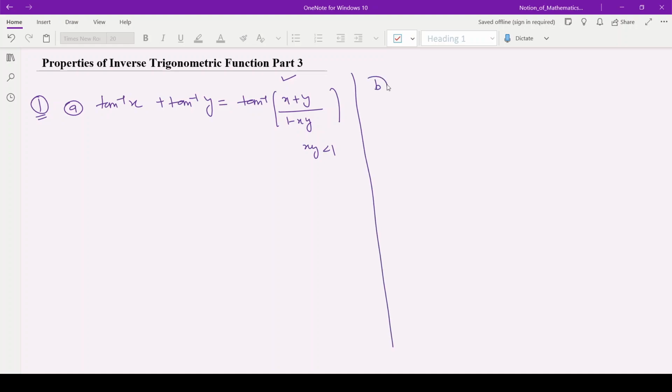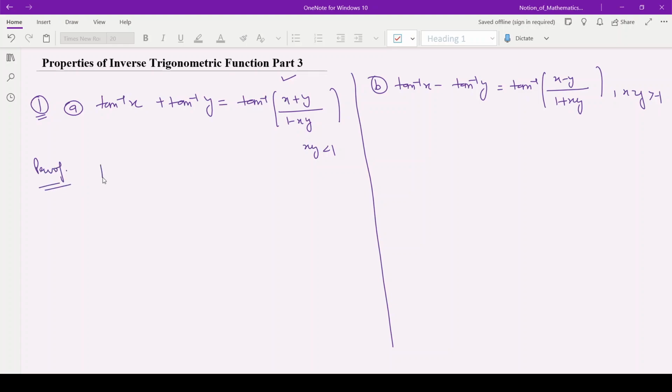And if I write the B property, that is tan inverse x minus tan inverse y is equal to tan inverse of (x minus y) upon (1 plus xy), where xy must be greater than minus 1. So I am going to prove this A property here.